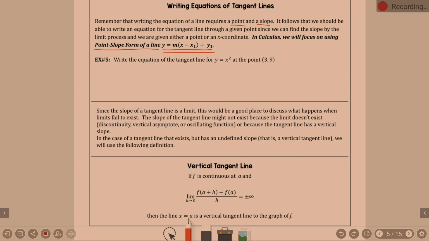In the past, you guys are used to seeing y minus y1 equals m times x minus x1. If I write that, does that seem familiar? Where it was the y minus the y point equals the slope times x minus the x point. Yes? Okay. Here's the deal.